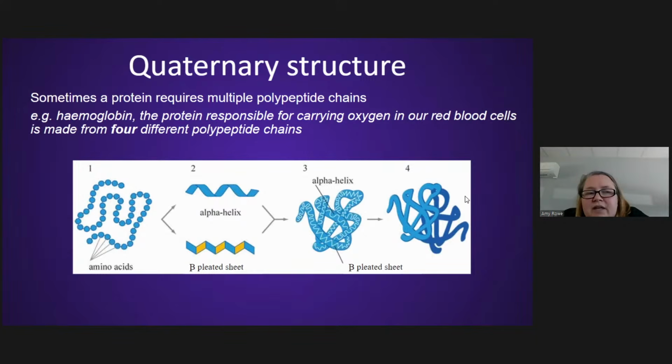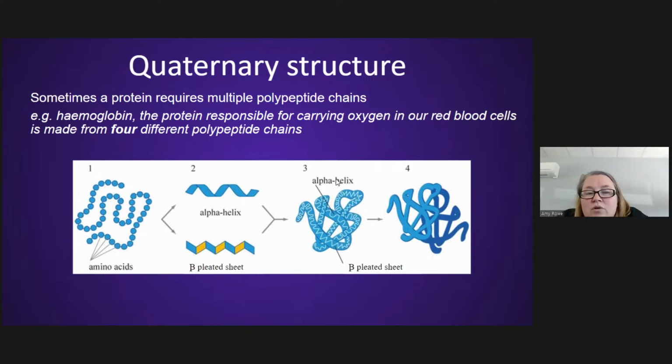The example given here is that hemoglobin, which carries oxygen in our red blood cells, is made up from 4 different polypeptide chains, all bound together. Those 4 different polypeptide chains first will have started out as a chain. They would then have needed to be folded into alpha helices and beta pleated sheets, and then gone through tertiary folding.